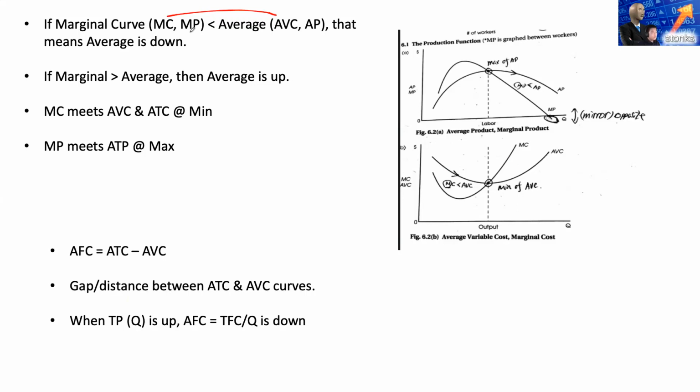Marginal product is with average product. So you can see here, before they intersect, average product goes up, and after they intersect it goes down. But it's the opposite for average variable cost: it goes down and then goes up.